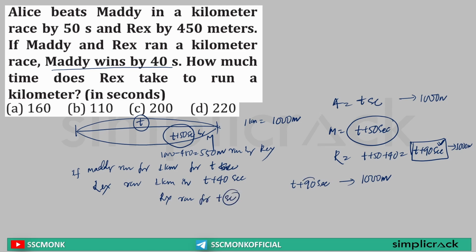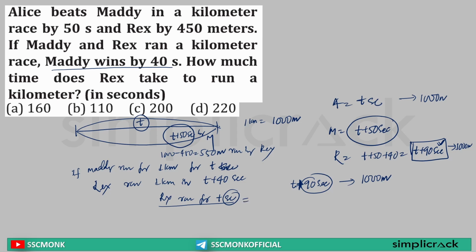T plus 90 means Alice gives 90 seconds head start to Rex. Yes or no?